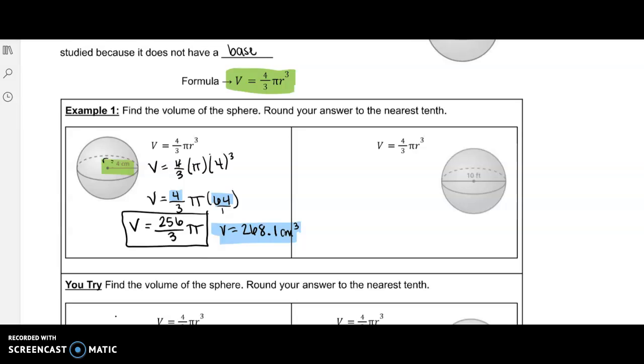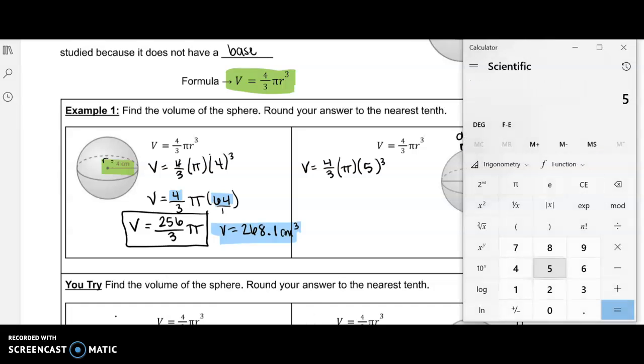So let's do this again. This time they only give us the diameter, which is 10. So that means that our radius is 5. So we have volume equals 4/3 times pi times our radius, which was 5, to the 3rd power.